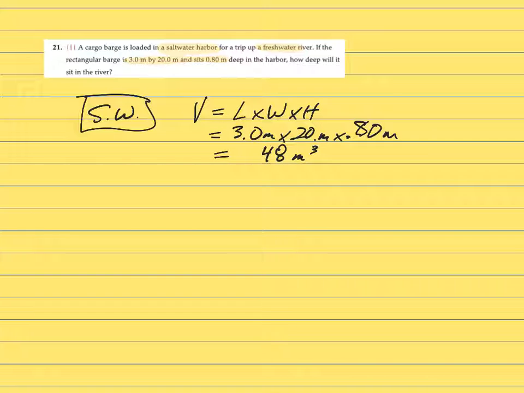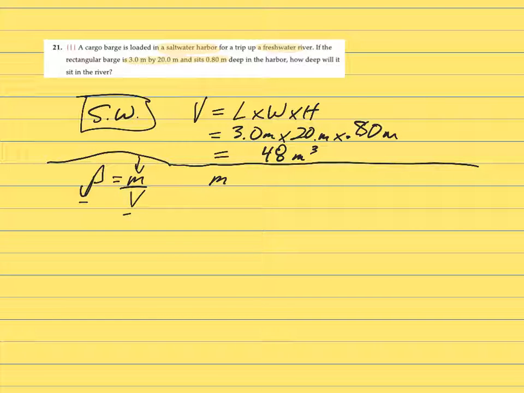Now, some of these things aren't really intuitive, but back to our density equals mass over volume. We have density, we have volume, we can solve for mass. So mass, this is like a new problem here. Mass equals density multiplied by volume.